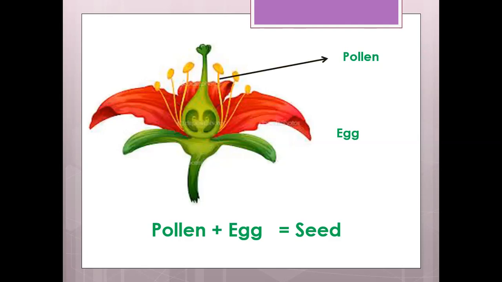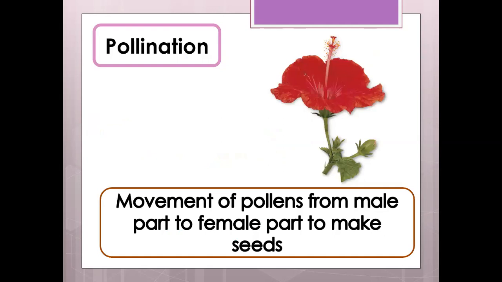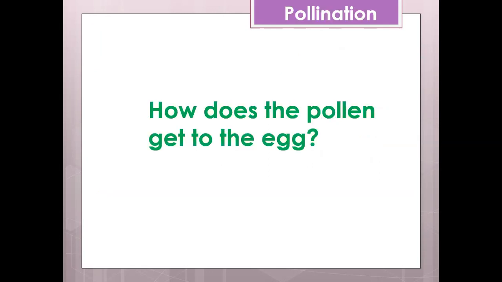Okay. So what does it mean by pollination? As we did it before in the class on our hand, it is the movement of pollens from where? Male part to female part to be forming the seeds. Okay? Also, what does it mean by pollination?